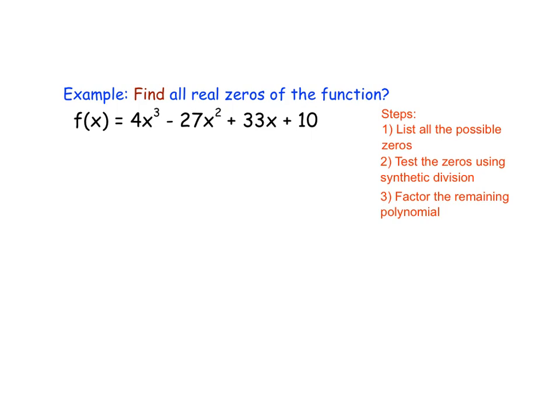I'm going to start with p, which is 10. So factors of 10, so plus or minus 1, 2, 5, and 10. Then q, which is 4. So plus or minus 1, 2, and 4.